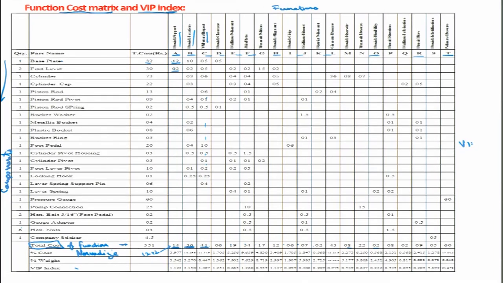This VIP is equal to percentage cost by percentage weight. VIP greater than 1 implies work on these functions.